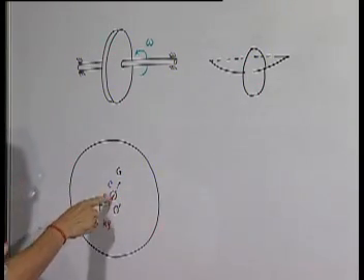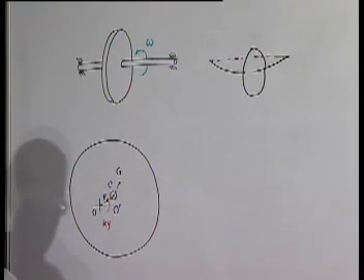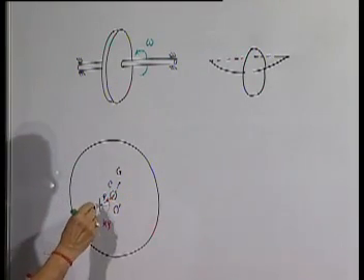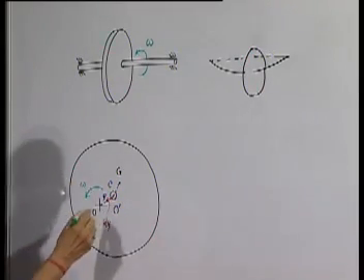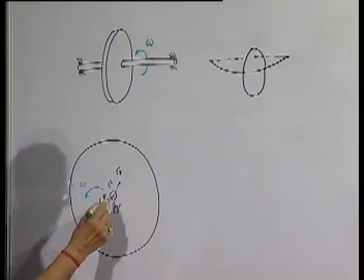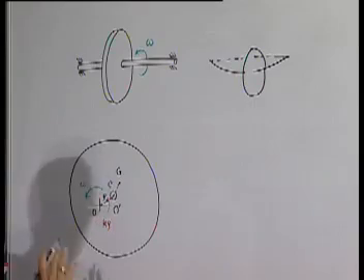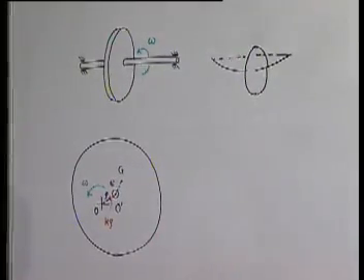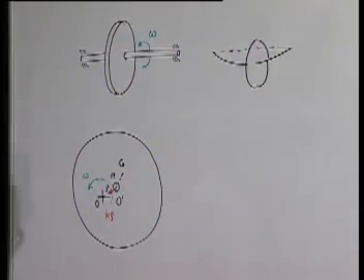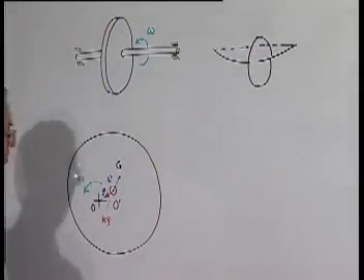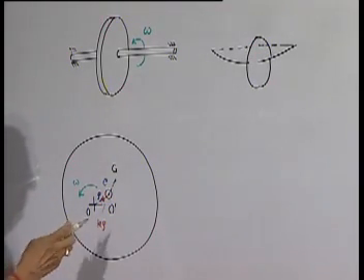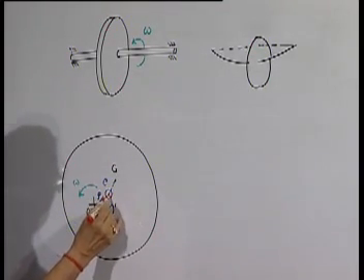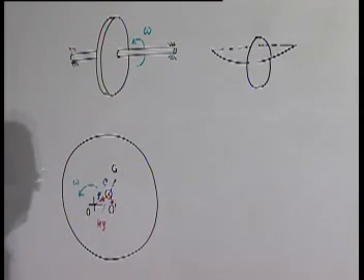Then this point is rotating like a circle, so this point's velocity is in this direction. The fluid which is there, that is air or whatever medium in which it is immersed, will produce a drag force, whose resultant on the whole disc we can logically assume to be passing through the geometric center of the disc.